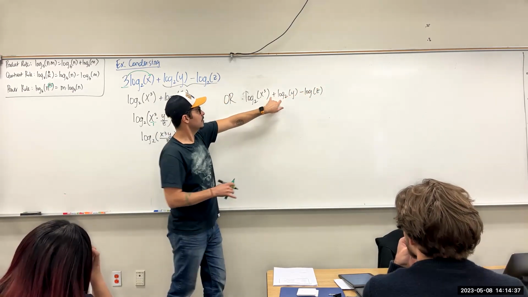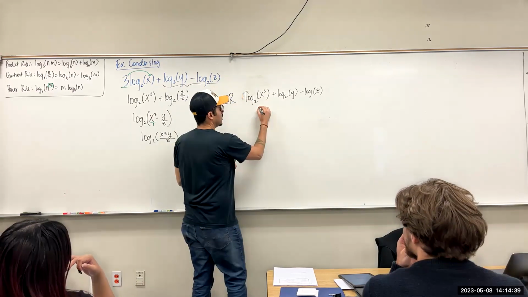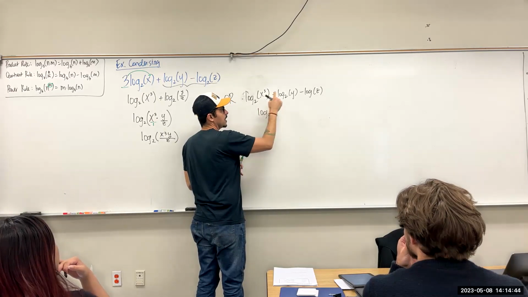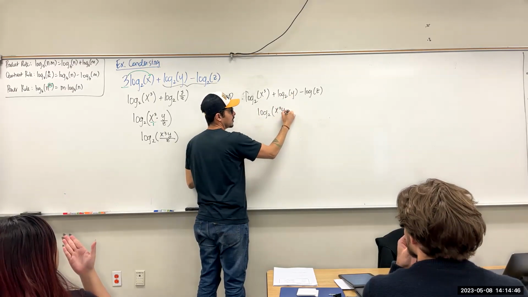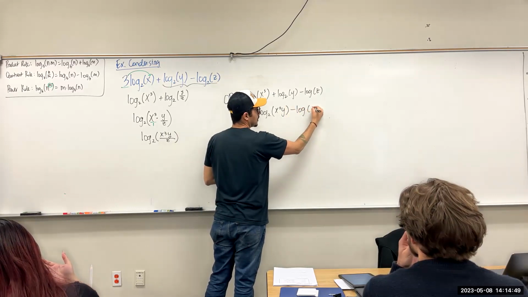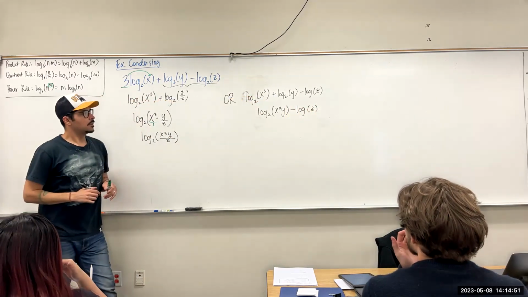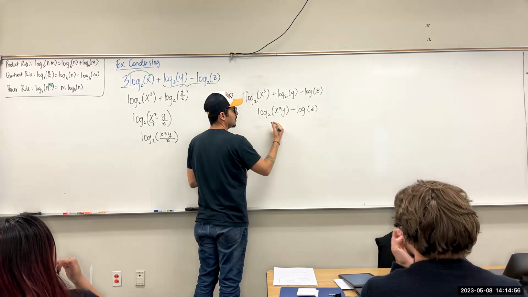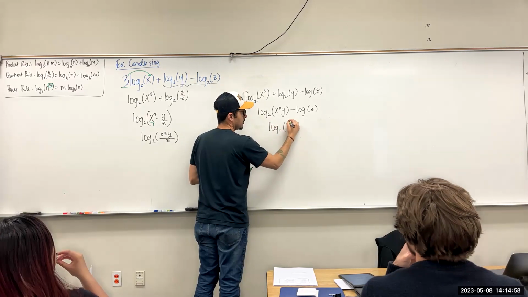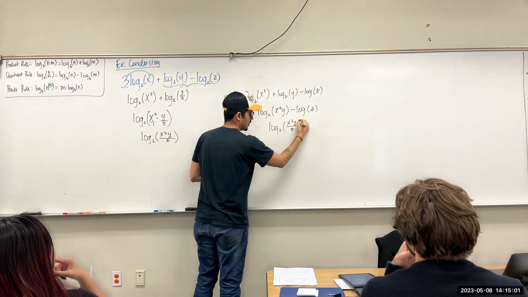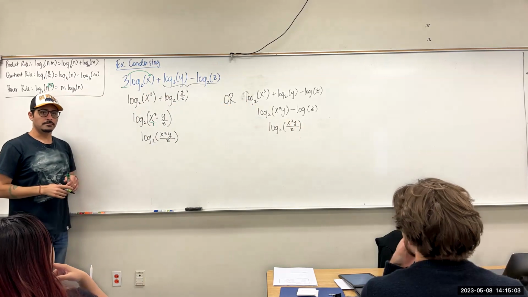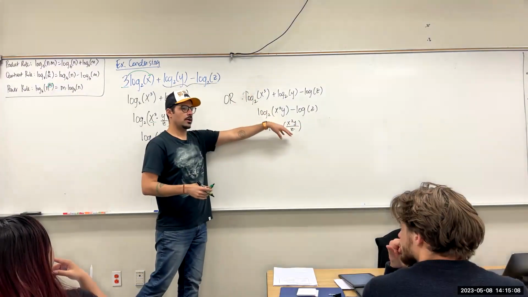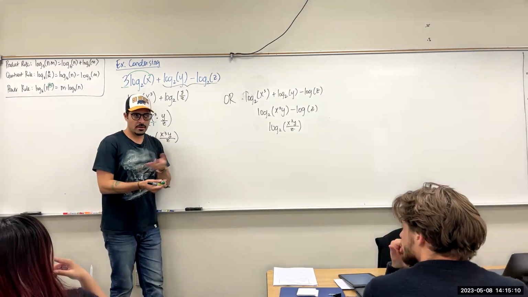So if I add these 2, add outside, then I multiply, x cubed times y. And then I use the quotient rule, top over bottom. And it gives you the same answer. Okay. So if you find that WebAssign is doing it one way versus you're doing it a different way, they might both be right.